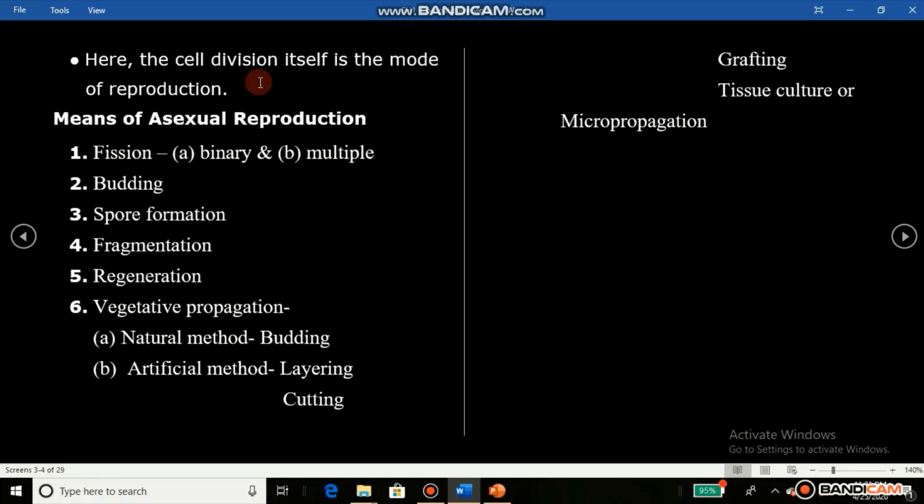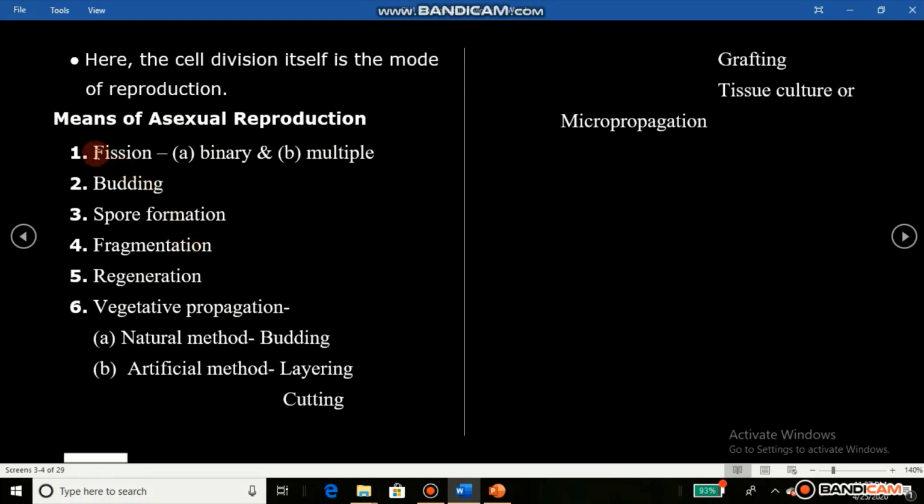So when the nucleus separates, then the cytoplasm will separate. This is the step of cell division. When DNA is copied, it separates from each other.